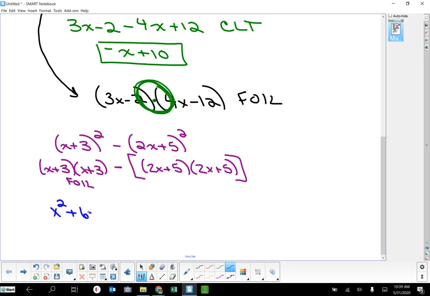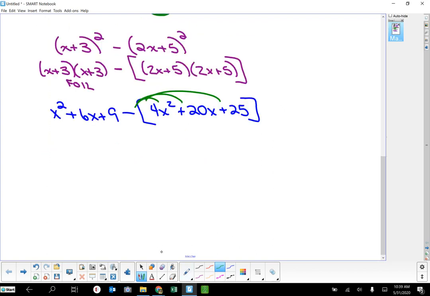I'd get x squared plus 6x plus 9 minus 4x squared, I have a plus 10x and a plus 10x is plus 20x, plus 25. And then I have to distribute that negative into here. So I would now have x squared plus 6x plus 9 minus 4x squared minus 20x minus 25.